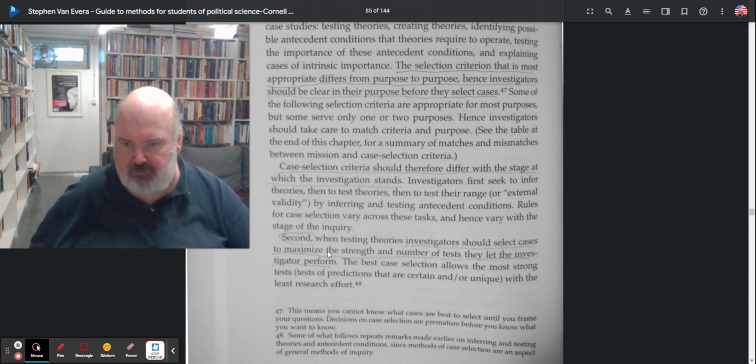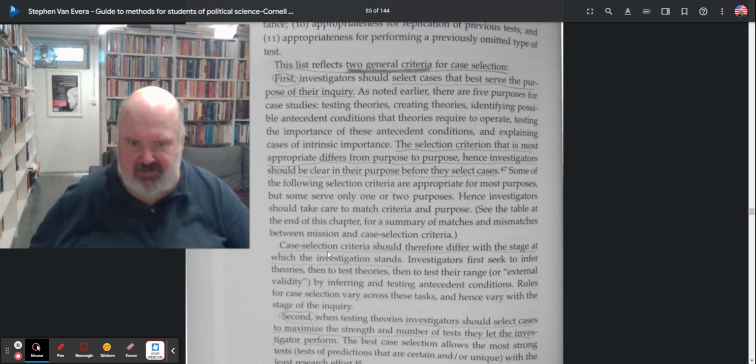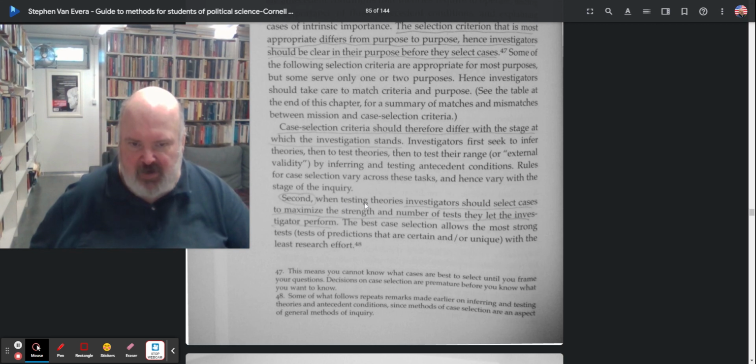Now, the second general criterion: when testing theories, investigators should select cases to maximize the strength and number of tests they let the investigator perform.